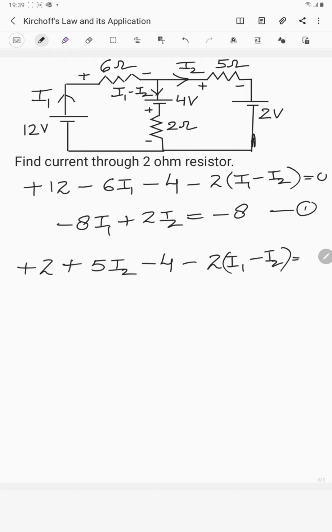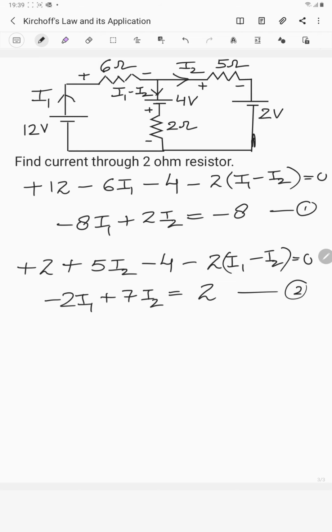That should be equals to 0. So let's simplify this equation also. So here 5 I2 and here minus 2 I1, so we will have minus 2 I1 and 7 I2 should be equals to 2. So that's the second equation.